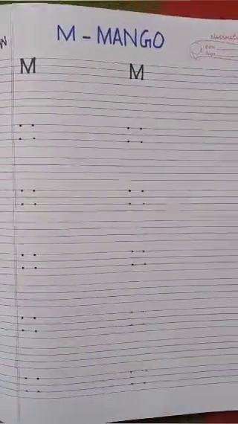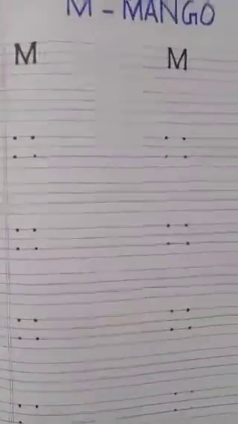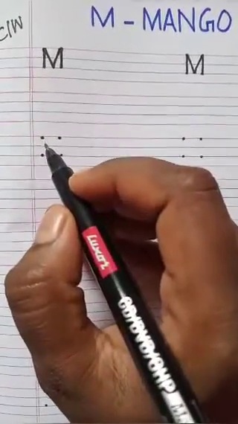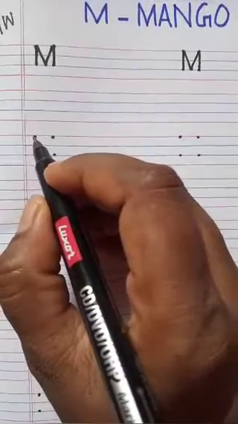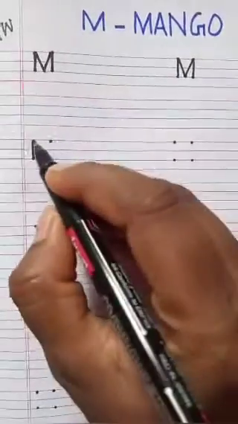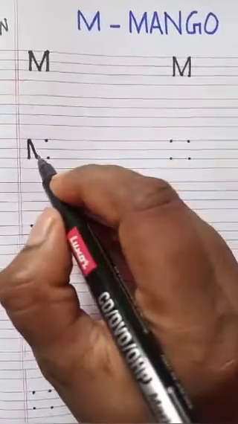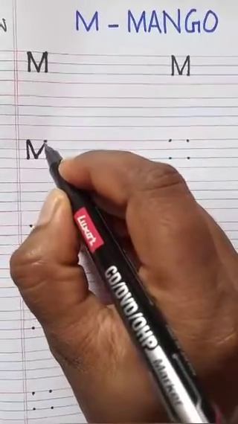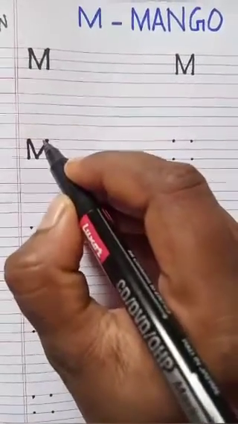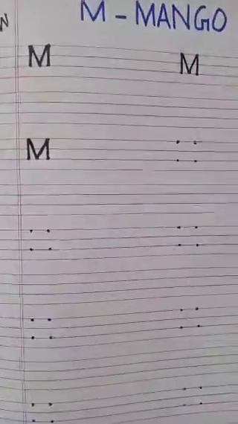So kids, let's write letter M. First of all, kids, put a pencil on the dot and draw a standing line from up to down and a slanting line from up to down. Like this. Again a slanting line from down to up and a standing line from up to down. Letter M. M makes a sound ma.